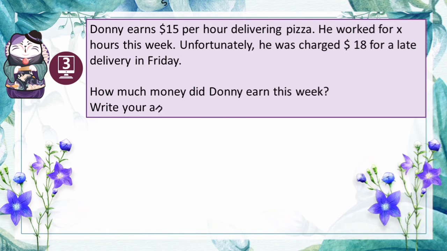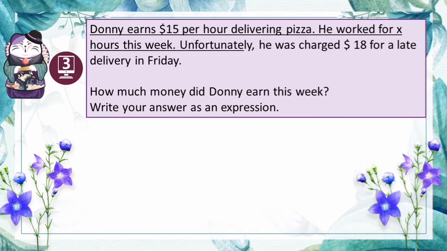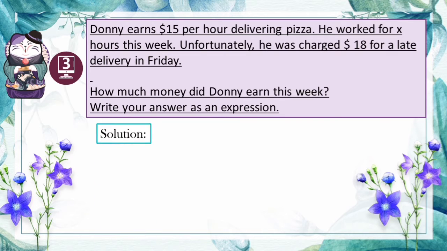How much money did Donny earn this week? Write your answer as an expression. Solution. So you see that he earns $15 per hour and he worked for x hours.